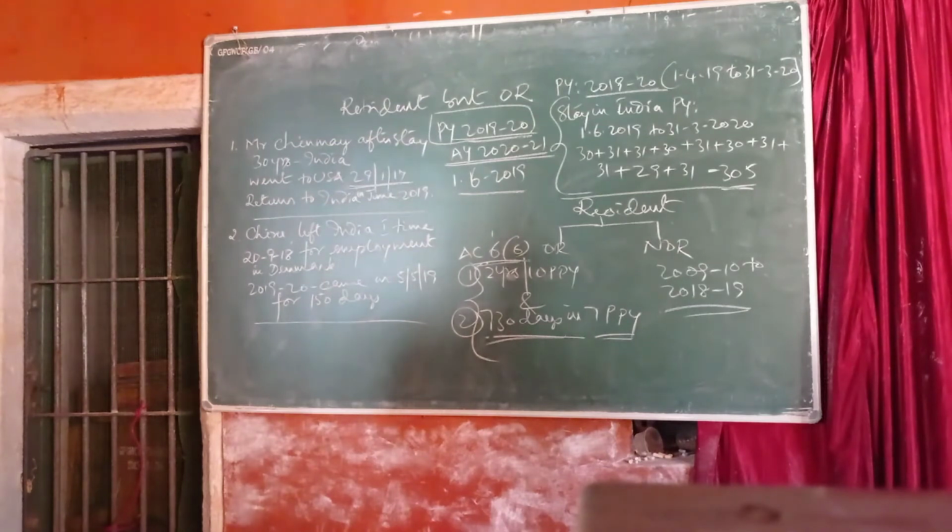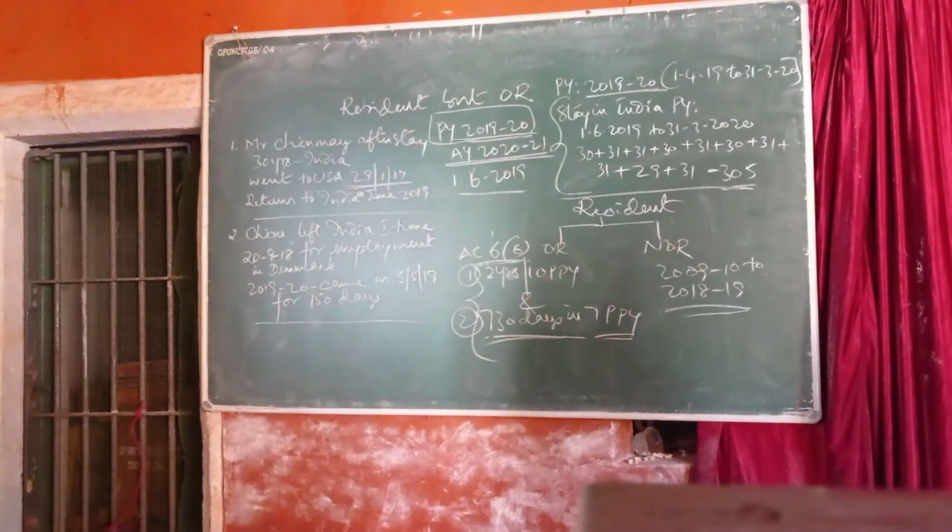Mr. Chinmay, he was in India during the previous year 2019-20 for a period of 305 days. The first basic condition specified under section 6 subsection 1 is satisfied by him to become a resident. To become an ordinary resident, he has to satisfy the additional conditions specified under section 6 subsection 6.